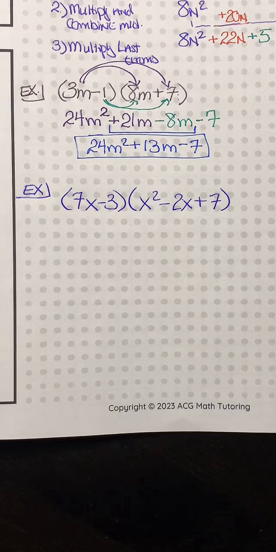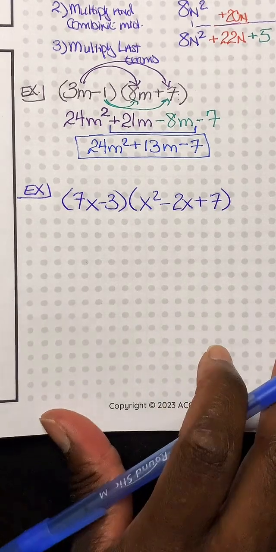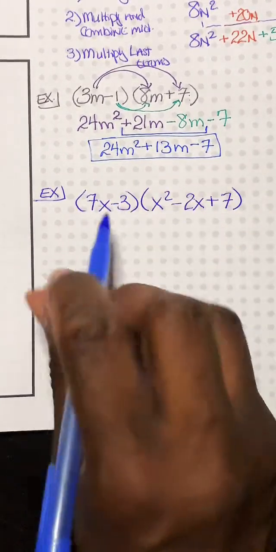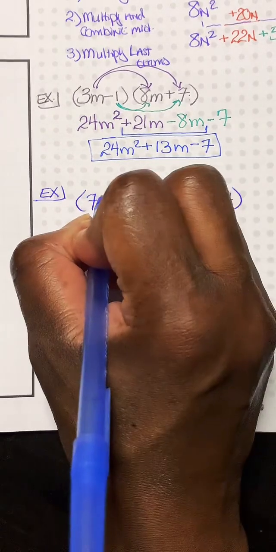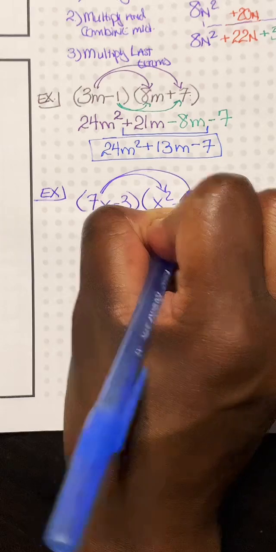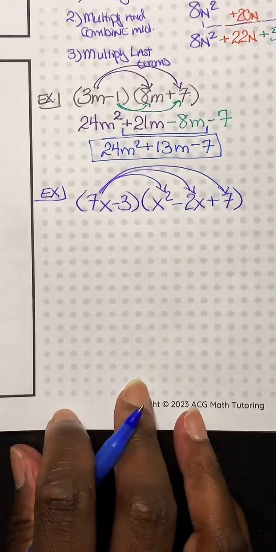Okay. All right. Well, then let's take it step by step. All right. Creation, how are you, love? All right. We're going to take this 7x and we're going to distribute every one in that second parenthesis.